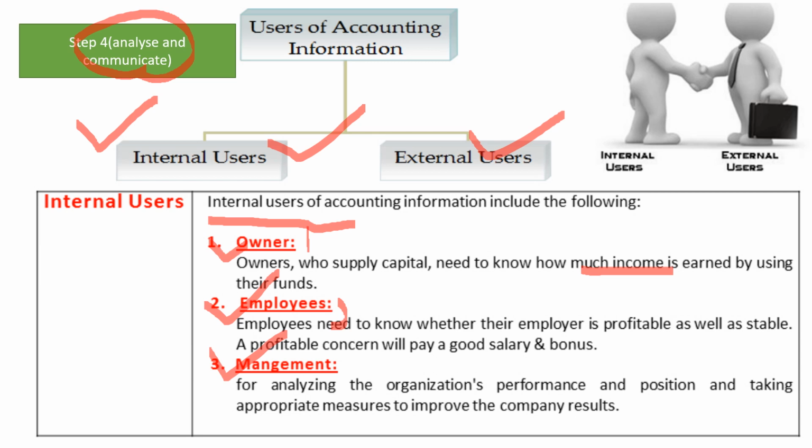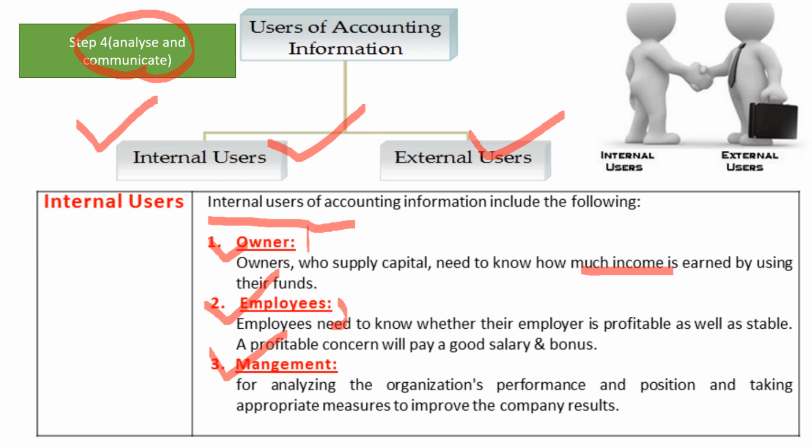If you talk of management, obviously, what is management? Management basically has 5 functions. Managers have 5 functions: planning, organizing, controlling, directing, and staffing. Now, if you see, in any organization, this is a very basic function. Now, the financial accounting information is helping the management to actually coordinate and control the performance of the organization.